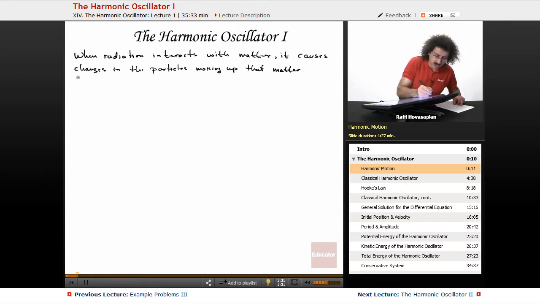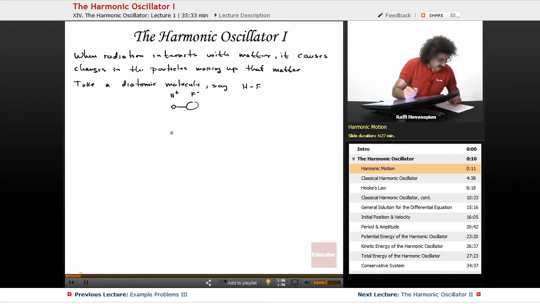Let's take a diatomic molecule, say hydrogen fluoride. We have the bond, the H plus over here, and the F minus over here. This molecule vibrates back and forth.